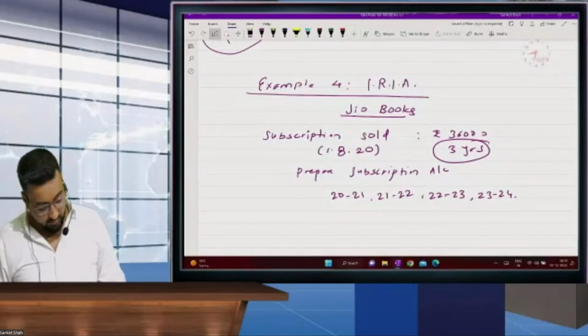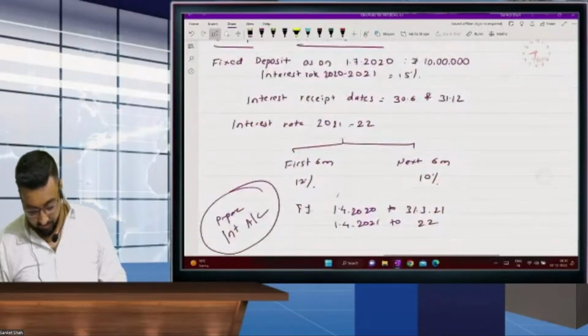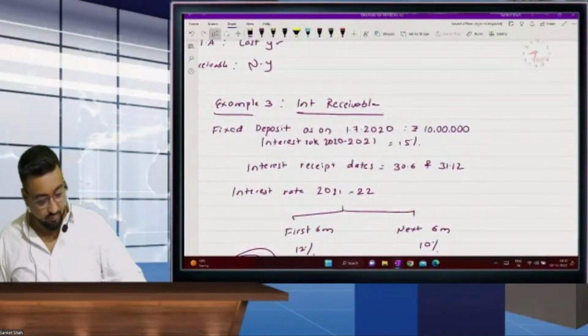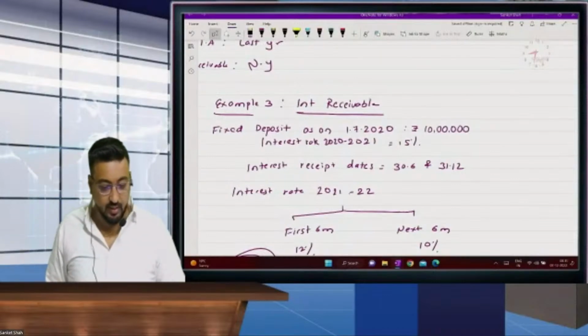Yes. Let's see these answers. Interest receivable, interest account.